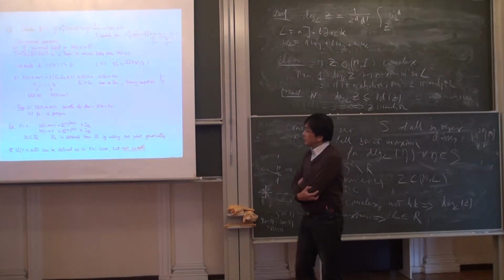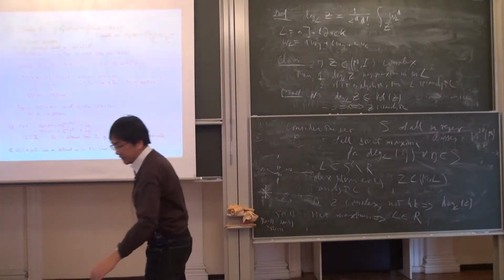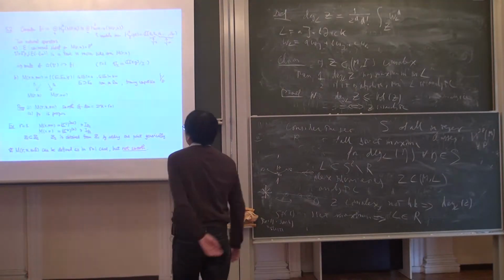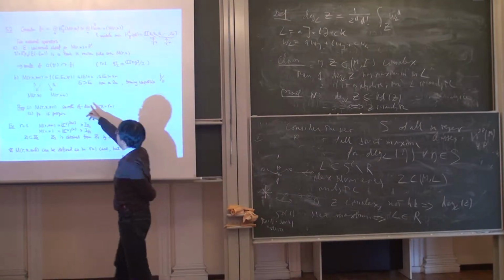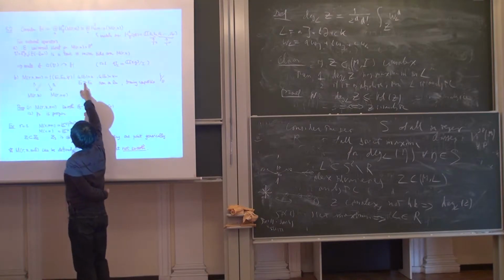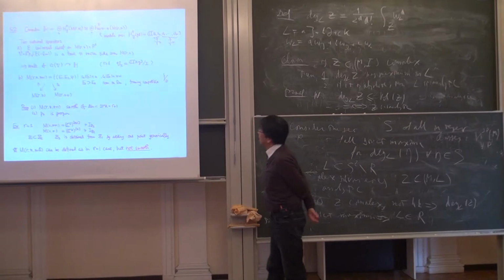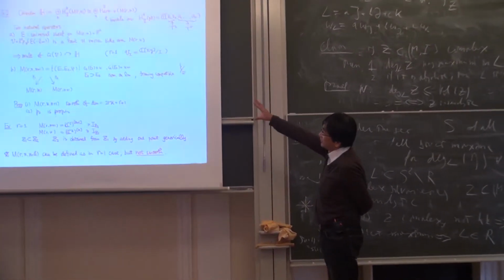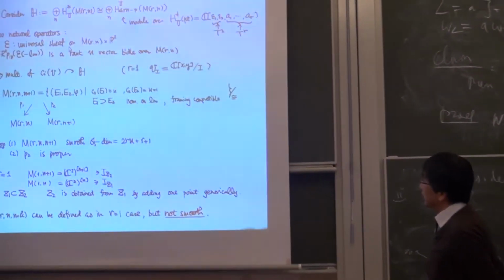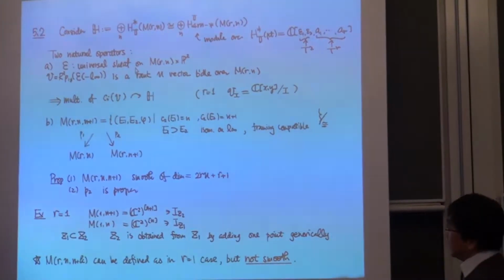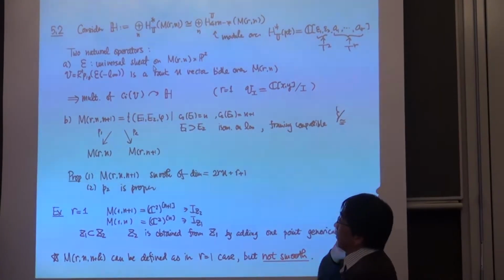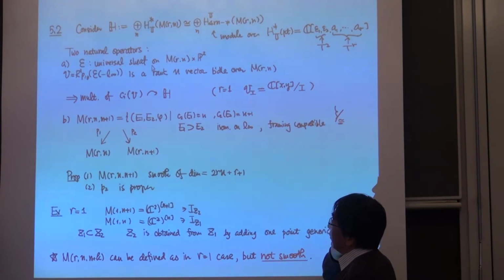The second one is given by the correspondence. You consider a pair of framed sheaves with an inclusion relation, and the framings are compatible. This is a generalization of the correspondence I explained last week, from rank 1 to higher ranks.